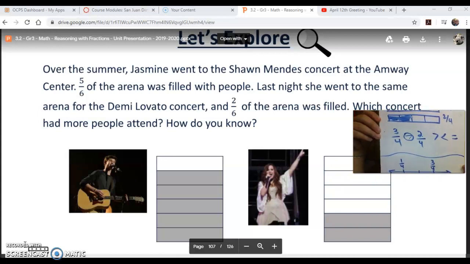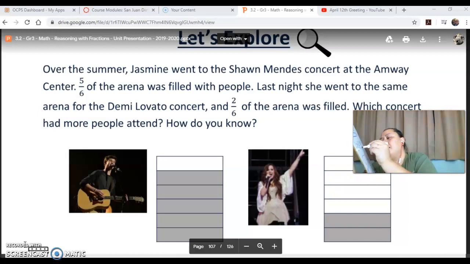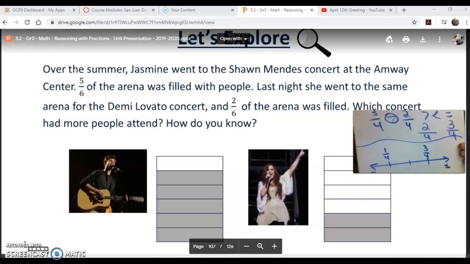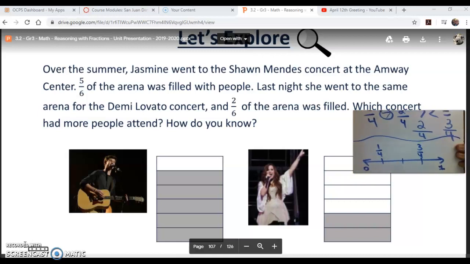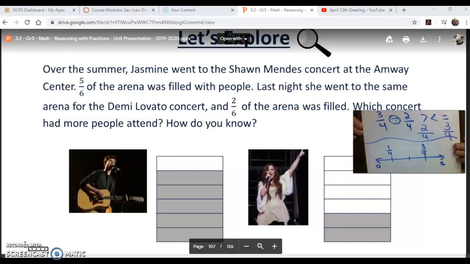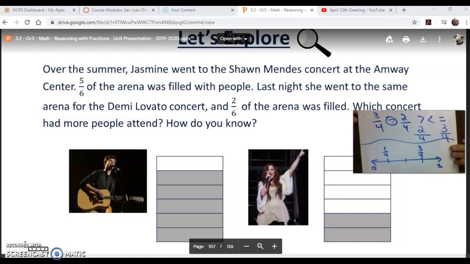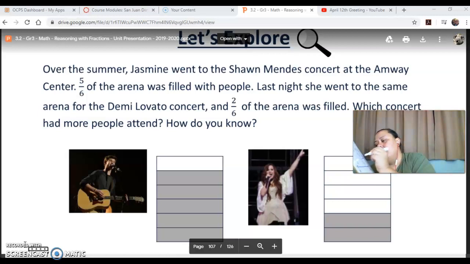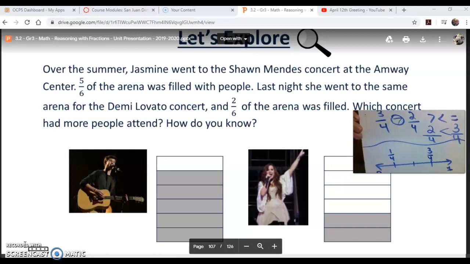Now, if the 2/4 was in front, instead of the 3/4, and it read like this, then we would have to change the symbol right there. It is no longer greater than, because we know 2/4 is smaller than 3/4. So instead of the greater than symbol, we are going to use the less than symbol. 2/4 is less than 3/4.